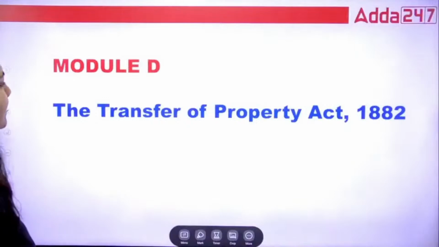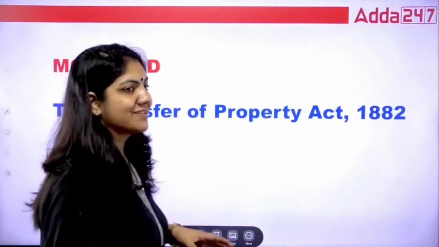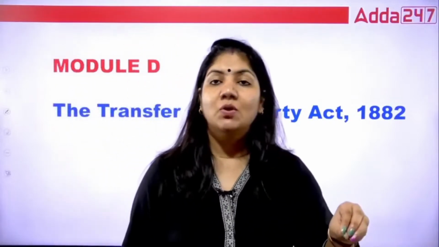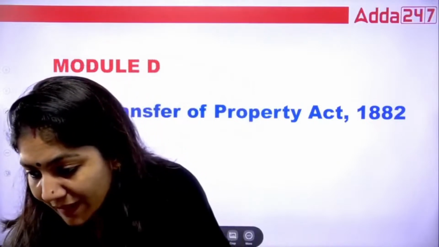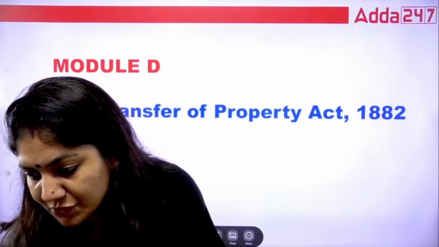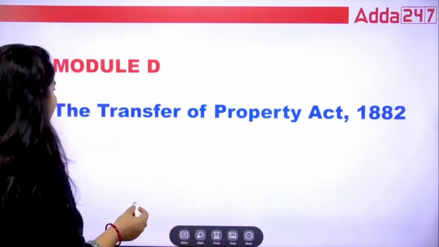So today we are going to finish the definition terms of the Transfer of Property Act. But before starting the definitions, let me recall what we have read in the TP Act, and if you have not attended any paid class, there are a few things you have to remember while covering the definition portion of this act. So exactly what do we have to study in this act?